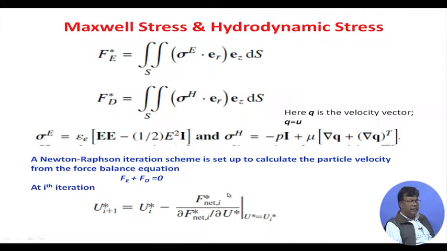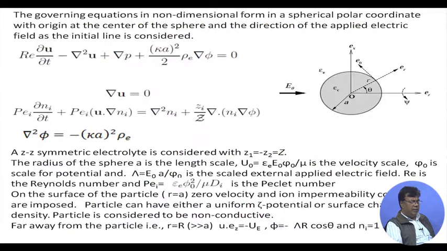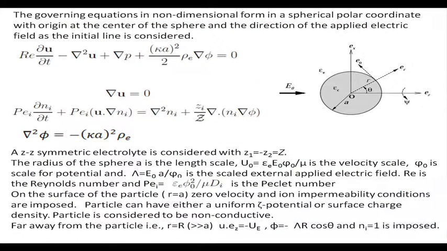So, this is the general form to find the electrophoretic velocity, which is a complicated one. I will not say very complicated, because it can be done through computer simulations. It has been done by several authors.